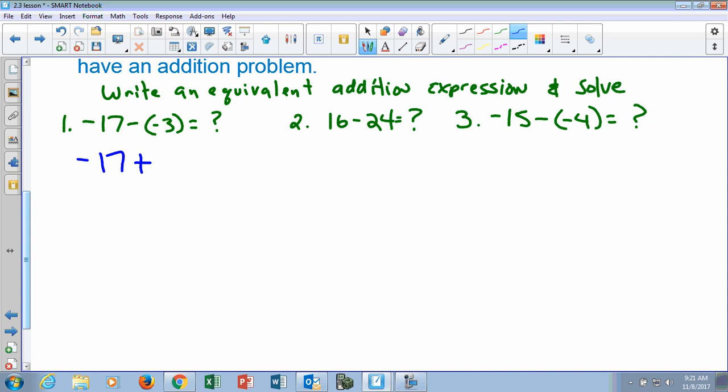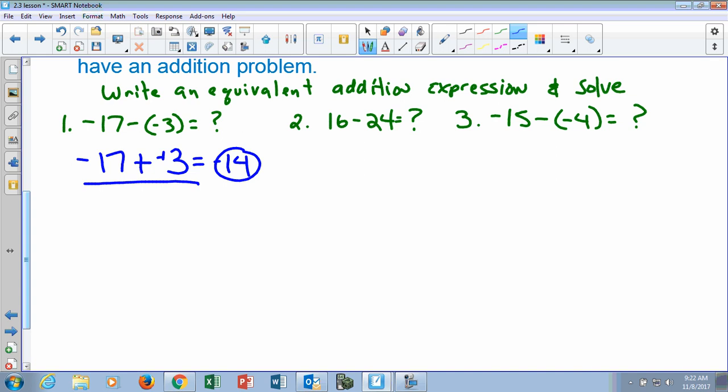So what's the opposite of -3? 3. So what's -17 plus 3? Blake. -14. That's correct. So there's our equivalent expression, there's our answer.